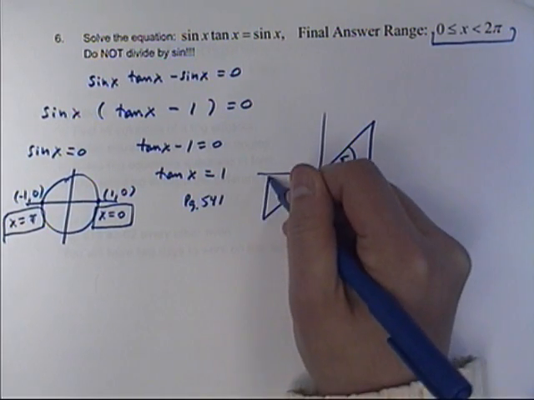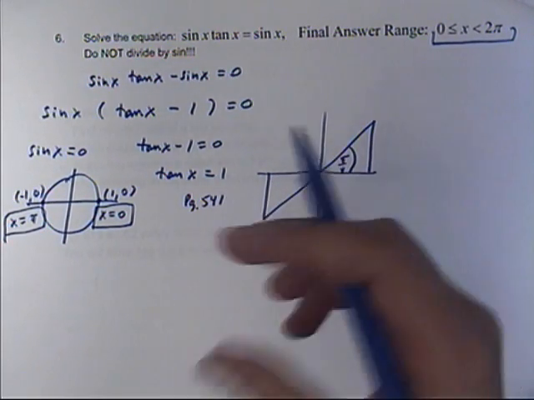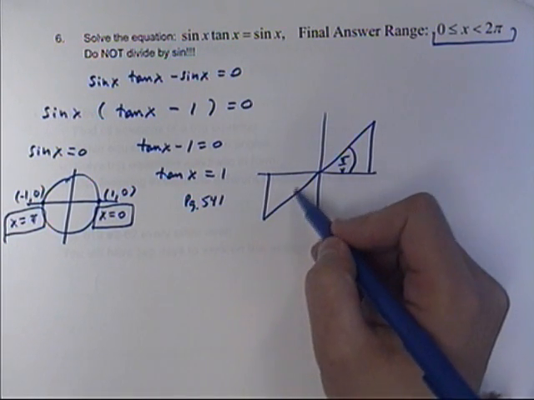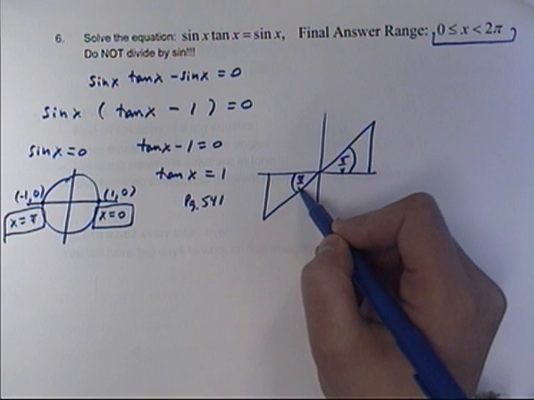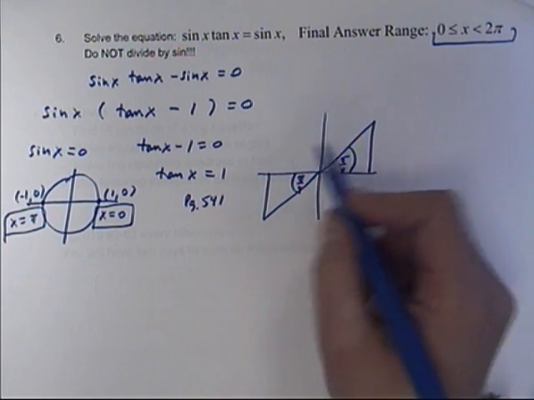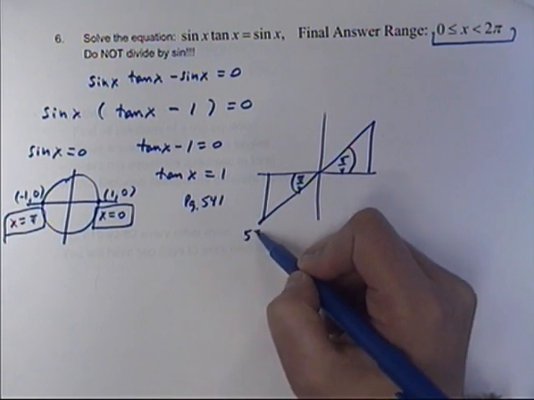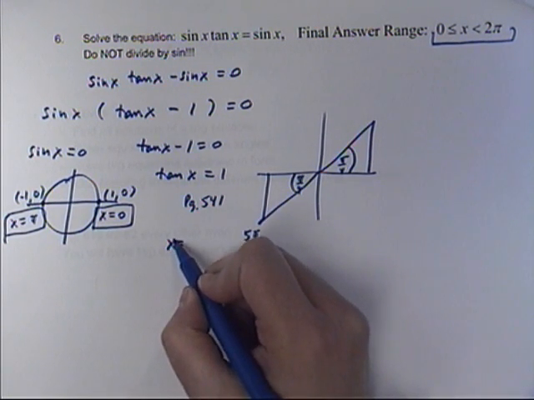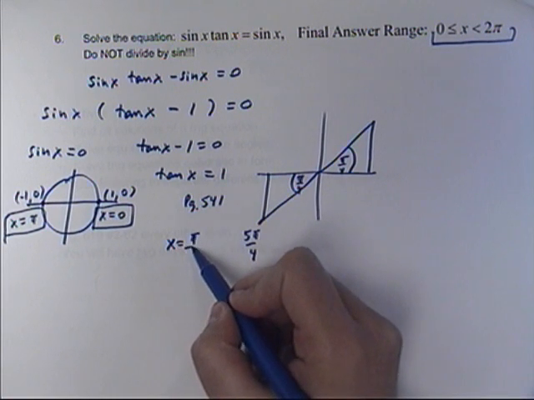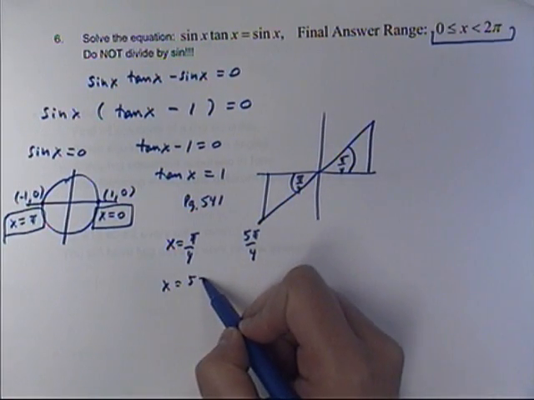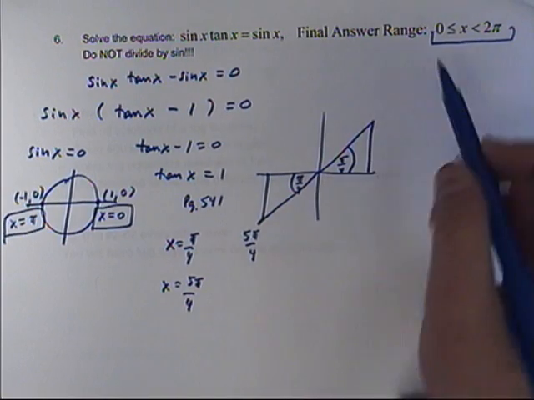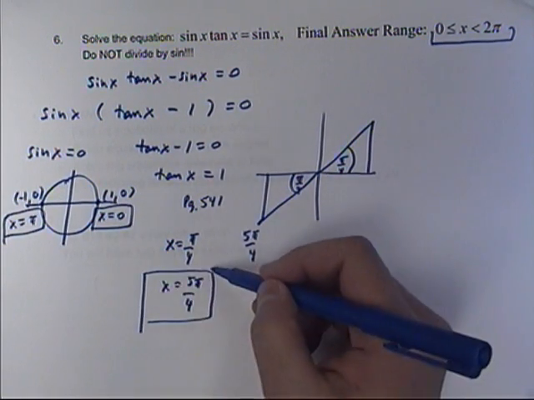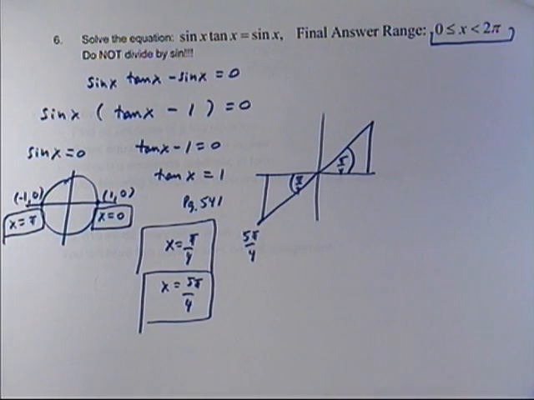And down here in the third quadrant, y and x are both negative, so when you make a fraction of 2 negatives, you also get a positive answer. So tangent is also positive down here at a reference angle of pi over 4 away from the x-axis, which would give you a positional angle of 5 pi over 4. So it turns out those are the last 2 answers to this question. x equals pi over 4 and x equals 5 pi over 4. Both of them within the correct interval. Yes, not too big, because we haven't gone more than 1 circle around. And there you have it.